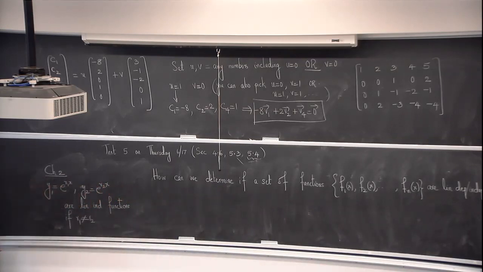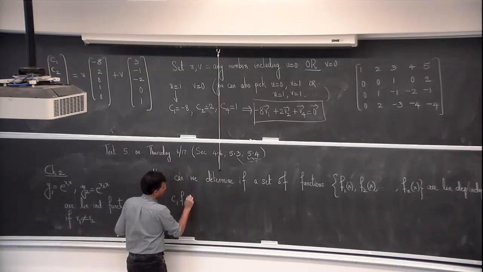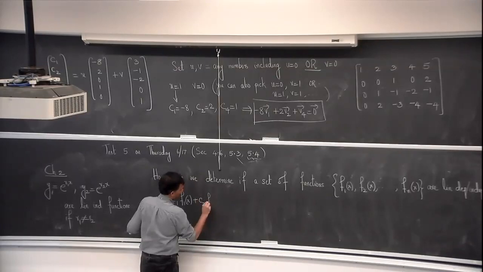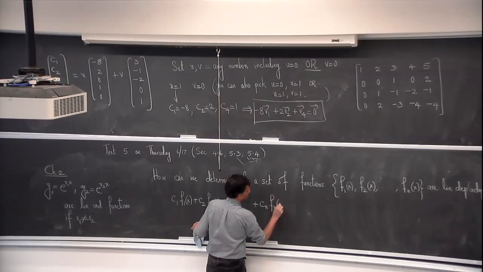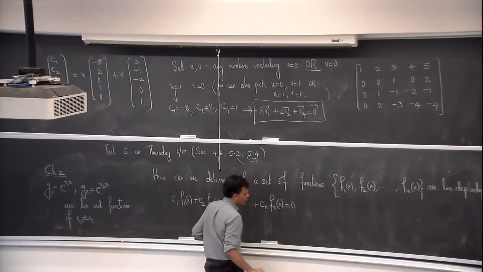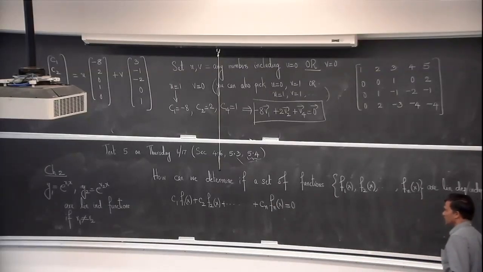Well, based on what we have just done, if these are vectors, what we can do is write c1 times f1 of x plus c2 times f2 of x plus cn times fn of x equal to 0. And the question is, what is c1, c2, c3, and so on? Because that's what you did earlier, right? Anytime you have a linearly dependent, independent situation, this is where we start.